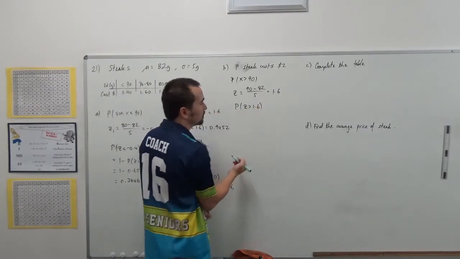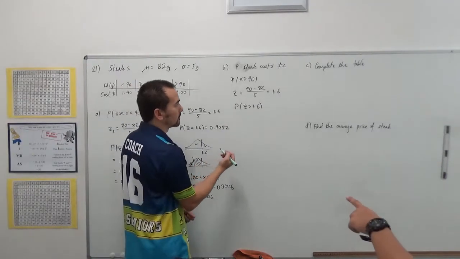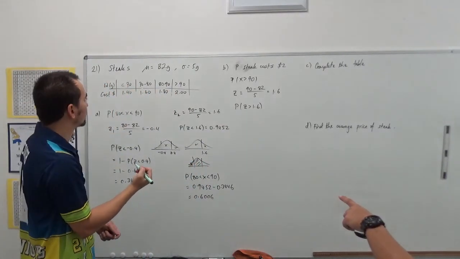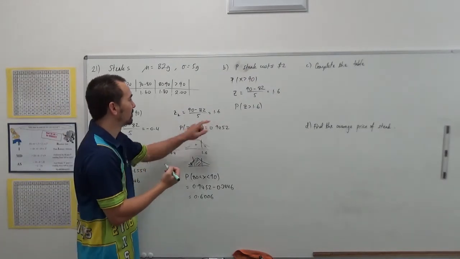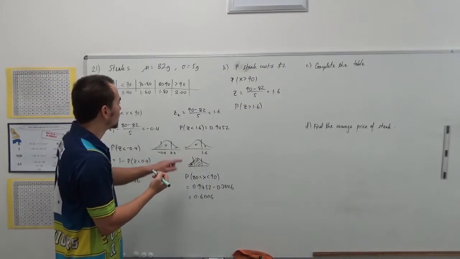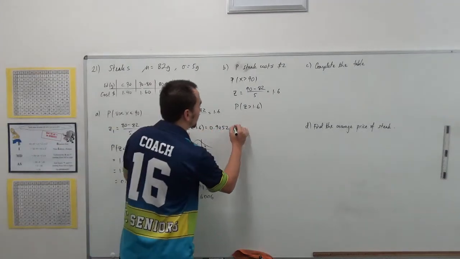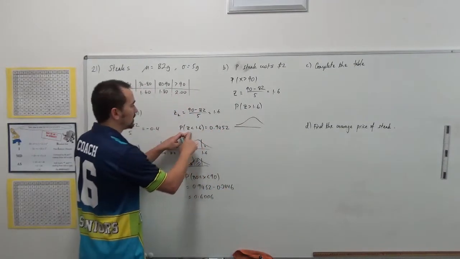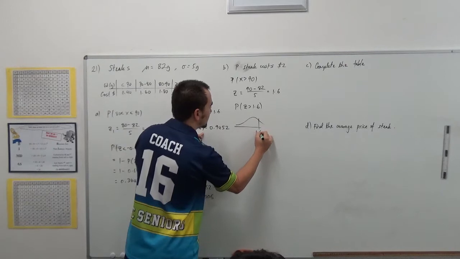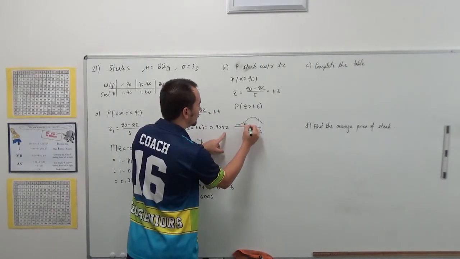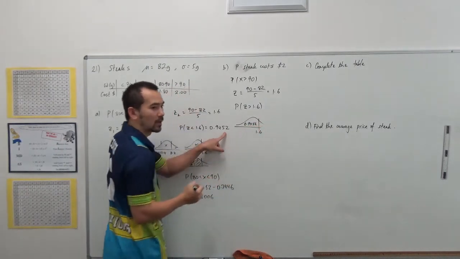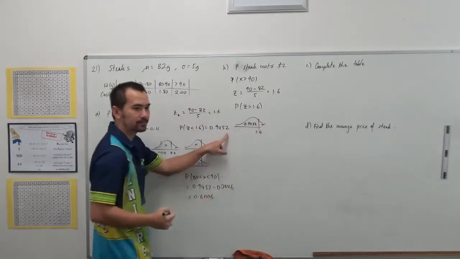What is it, the same as that? 0.9452. Very good, Errol. We've already solved it over here, haven't we? From our diagram, 1.6 has 0.9452 on this side, and we want this side.